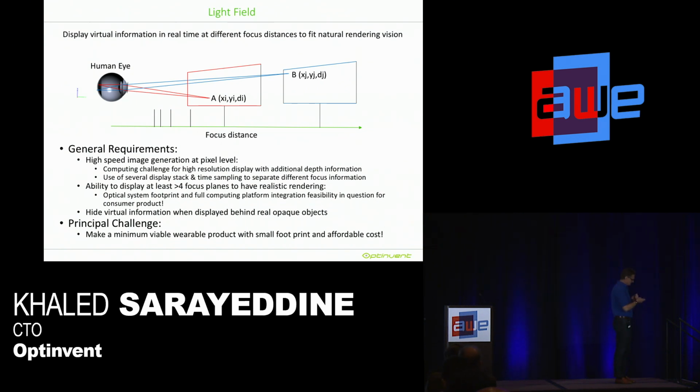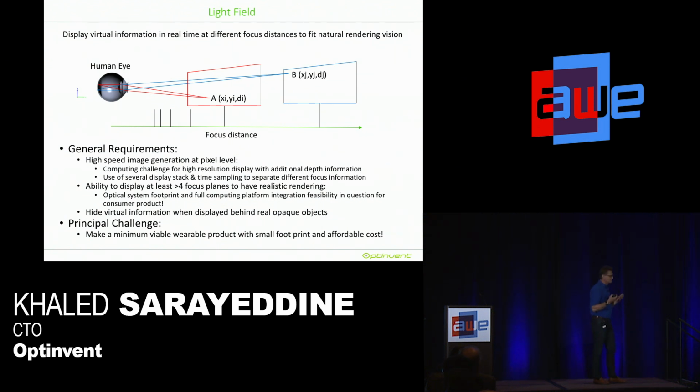And here the idea, if you see the human eye here, is to be able to focus one pixel A at distance D and one pixel B at a different distance. For that, you have really a lot of requirements. You first need high-speed image generation at pixel level.